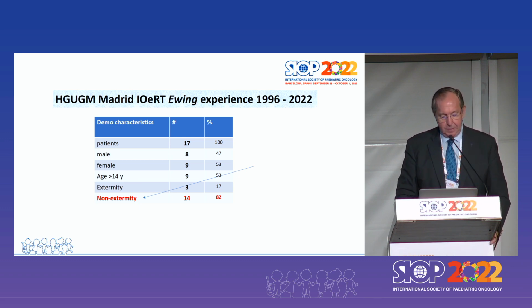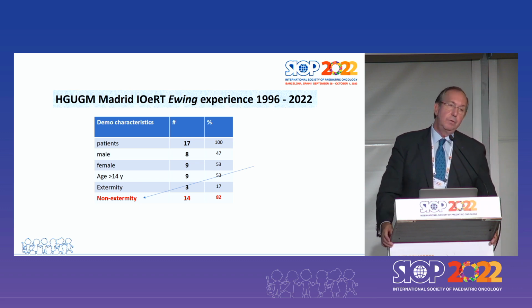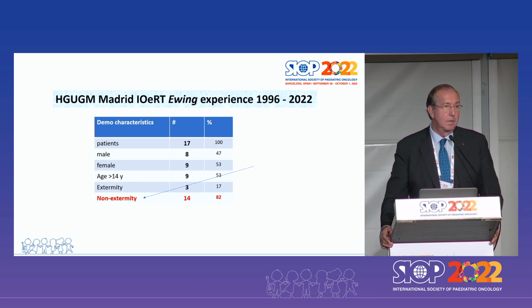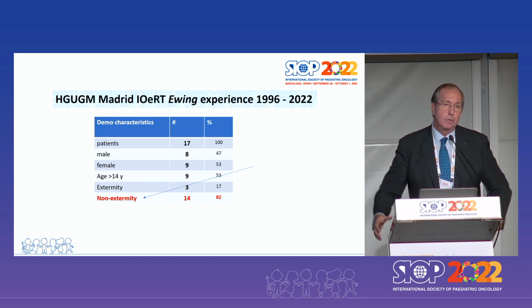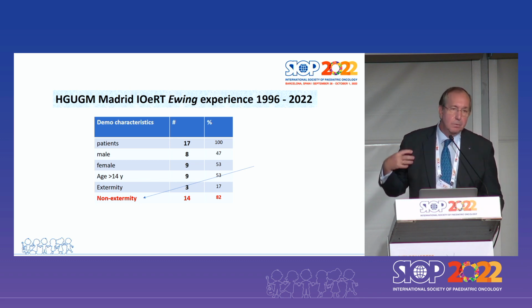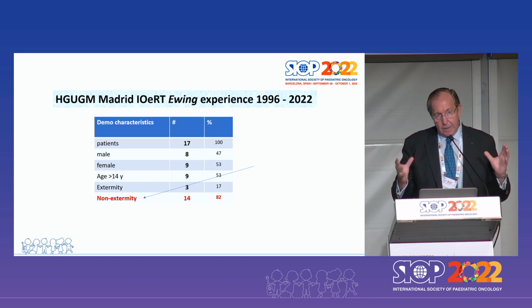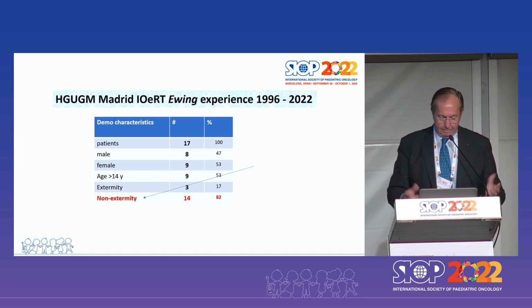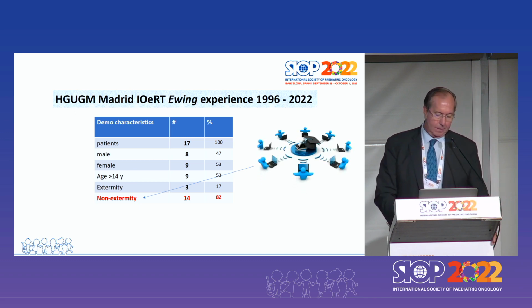In 25 years, we treated 17 patients, and most of them were non-extremity patients, with Ewing sarcomas of the pelvic region, some intra-abdominal, some thoracic. So these were types of surgeries that were not extremity resections.